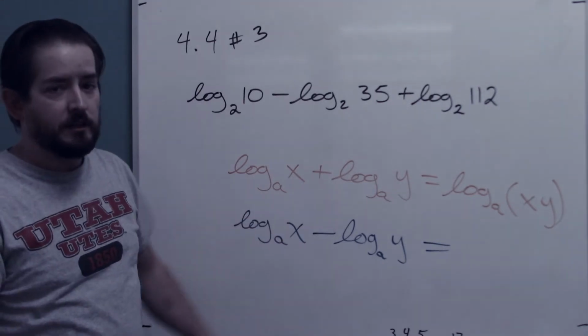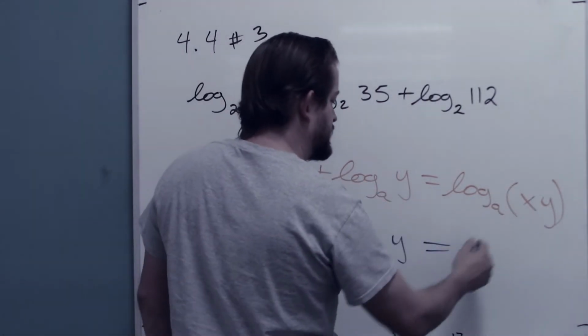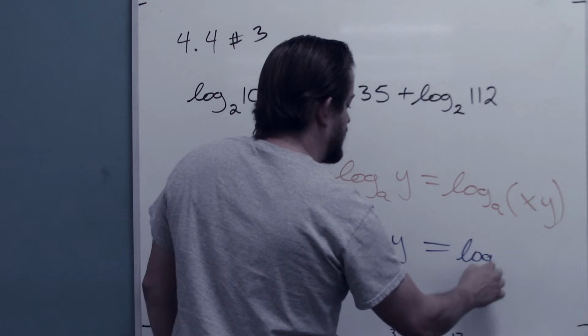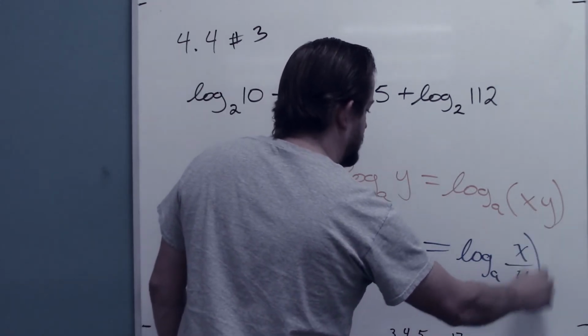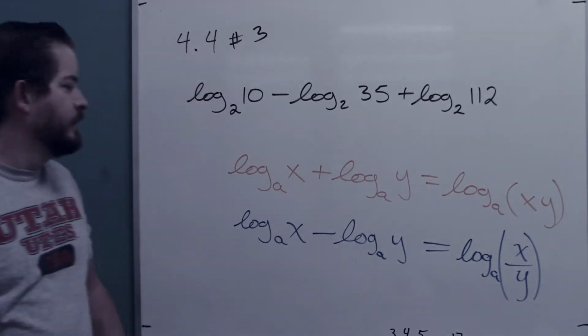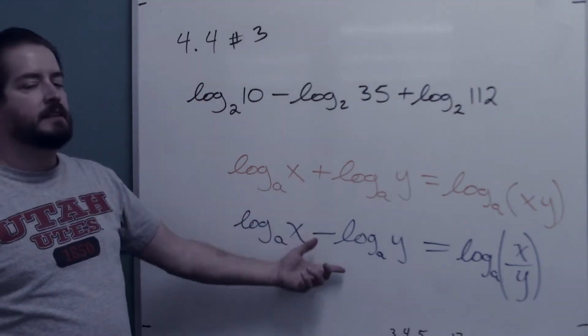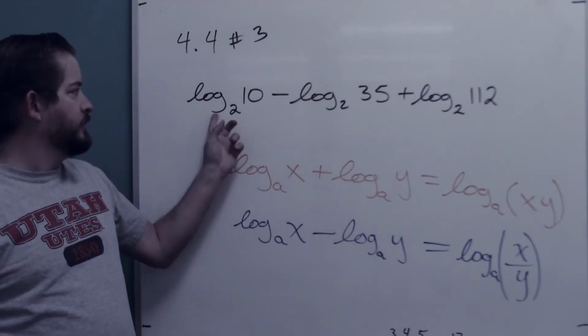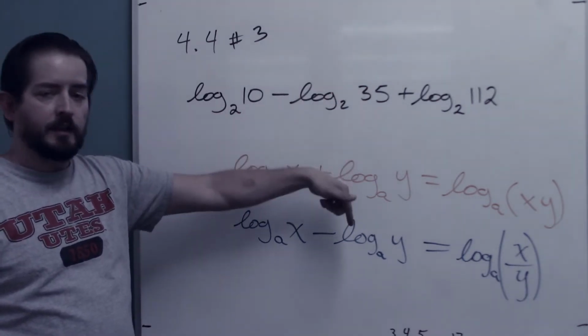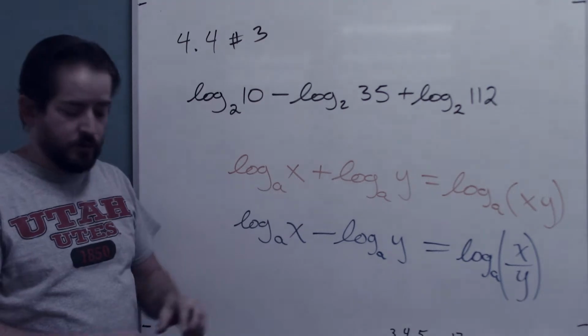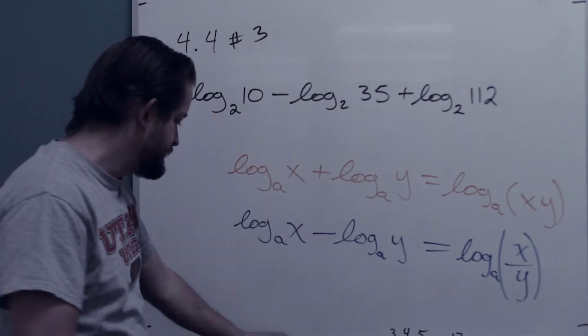That y is going to end up in a denominator, so it becomes the log base A of x over y. And I can do pluses and minuses and have a string of them. Anything with a plus is going to end up as a product in the numerator. Anything with a minus is going to end up in the denominator. And so I'll do that with all three of these.